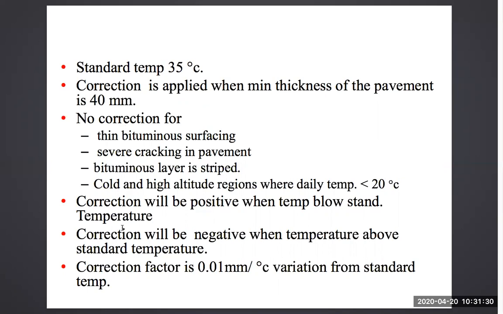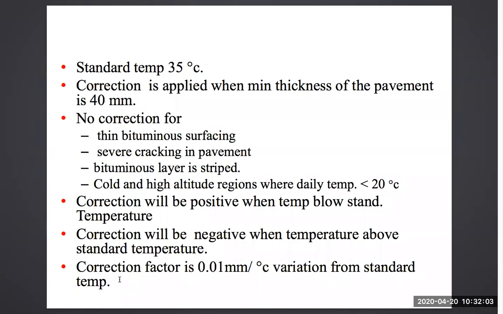Correction will be positive when the temperature is above the standard temperature, that is, more than 35 degrees Celsius. Correction will be negative when the temperature is less than the standard. So if you get 25, then a negative correction will be applied to the deflection values.